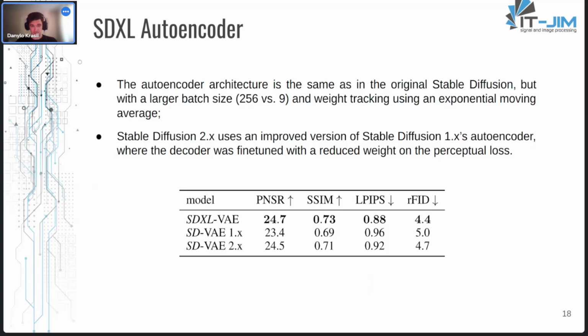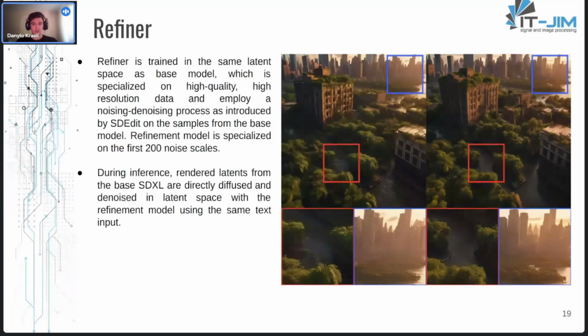And the final model of our pipeline is the Refiner. Refiner is trained in the same latent space as the base model, which is specialized on high quality, high resolution data, and employs noising as introduced by SDEdit on the samples from the base model. The refinement model is specialized on the first 200 noise scales.